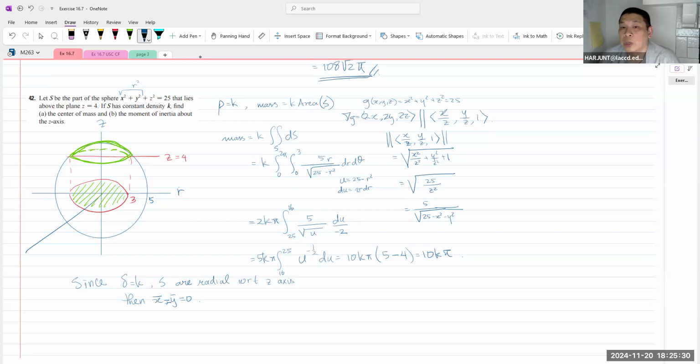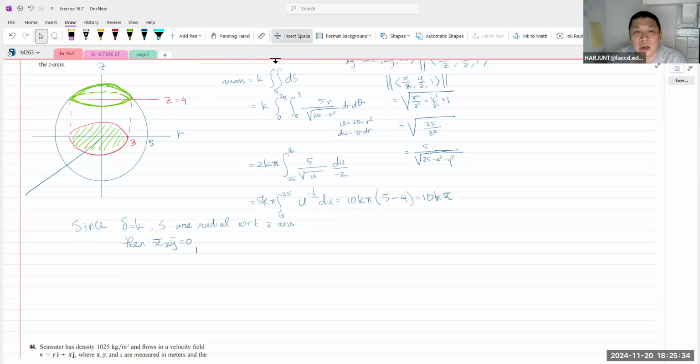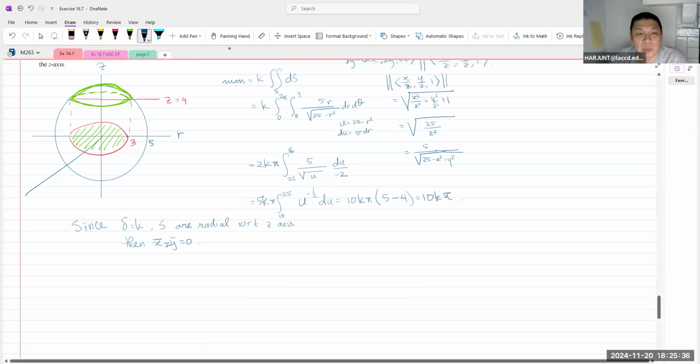Now we need to find the z bar, but z bar has the moment with respect to the xy plane.